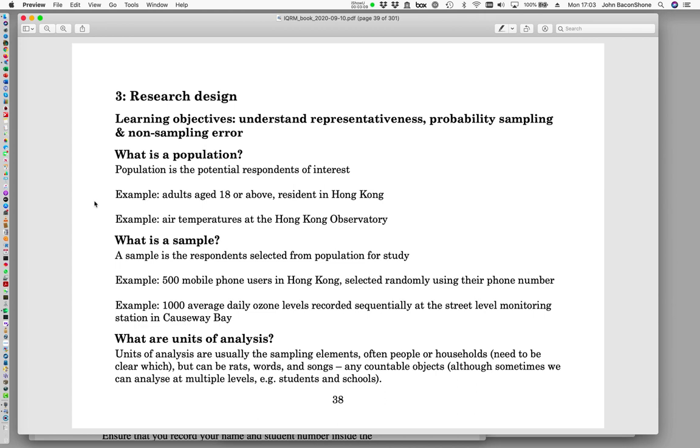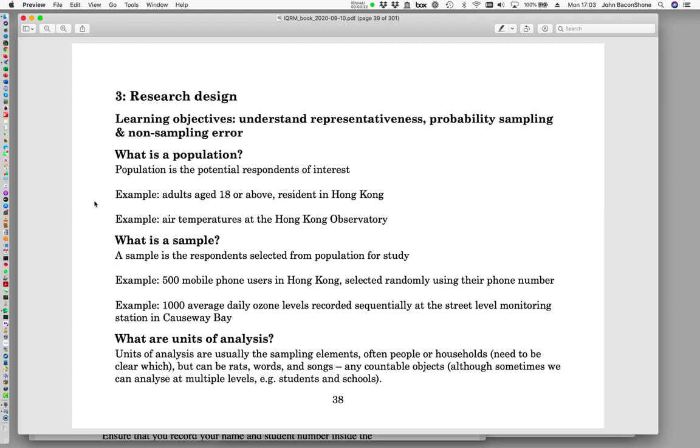So that's still rather vague, right? How often are we measuring the temperature? What time of day do we measure it? Right? So those are all issues that we would need to sort out if we're talking about air temperatures at the Hong Kong Observatory.